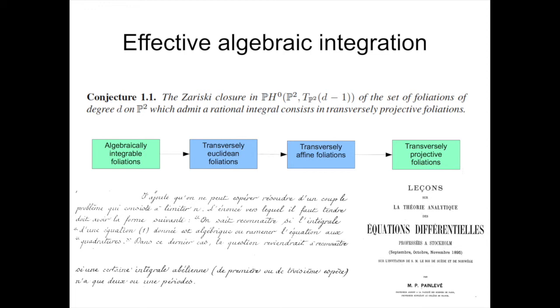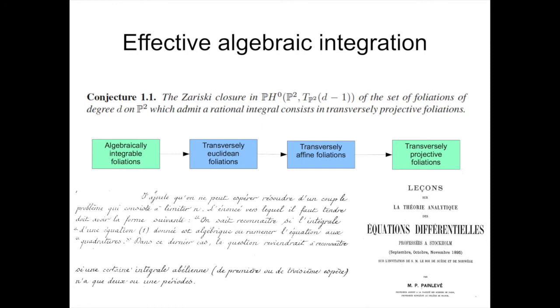I think this settles the case, because saying that the Zariski closure is transversely projective is somehow saying that we have a set of equations on the coefficients of the differential equations satisfied by transversely projective foliations, which are on the closure. But it's unclear how to produce this set of equations.